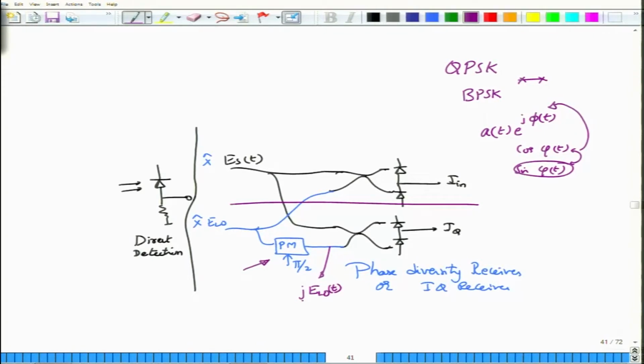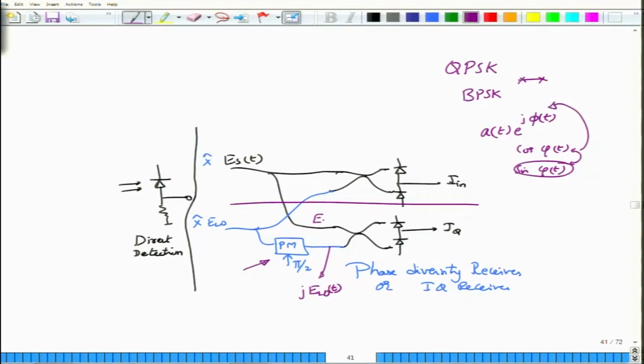This j stands for a pi by 2 phase shift; biasing the phase modulator at pi by 2 gives a phase shift of 90 degrees, which in complex form I capture by writing jELO of t.